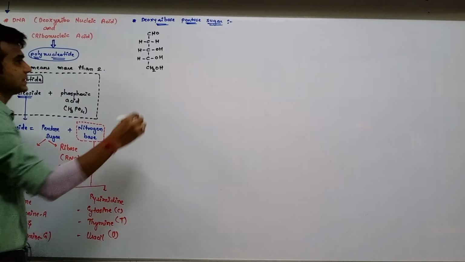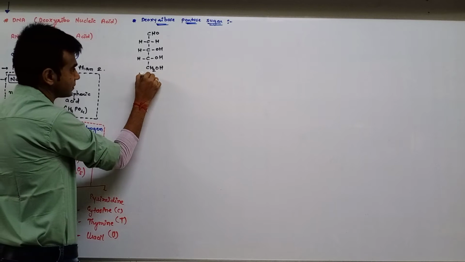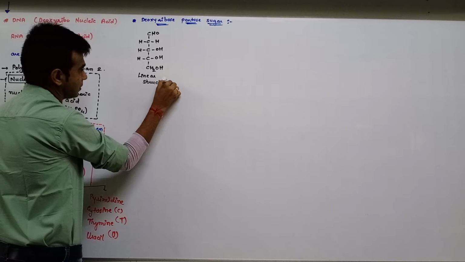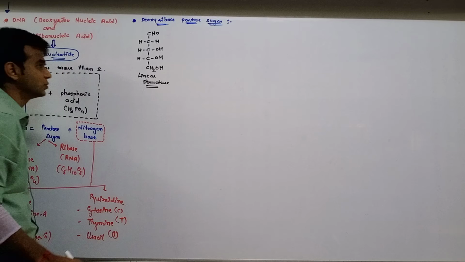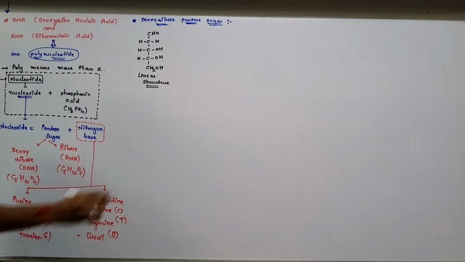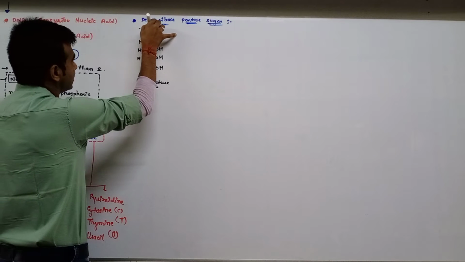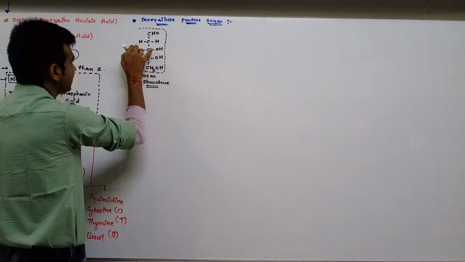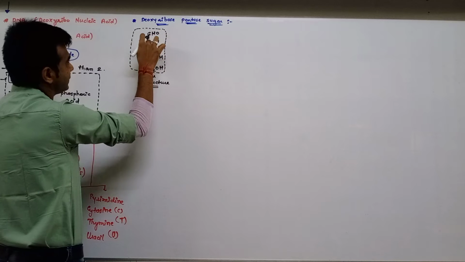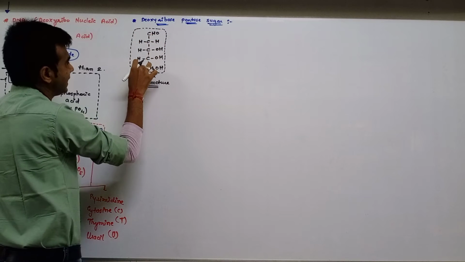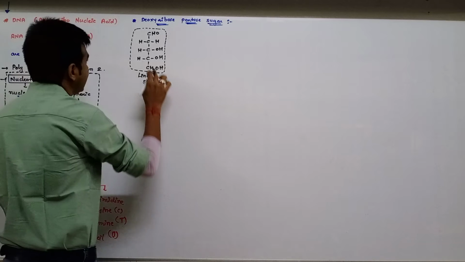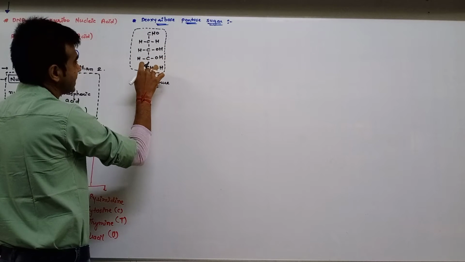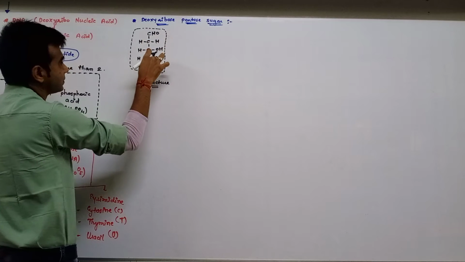This is known as the linear structure of deoxyribose sugar. Count according to the chemical formula: C5, 1 2 3 4 5; H10, 1 to 10; and O4.